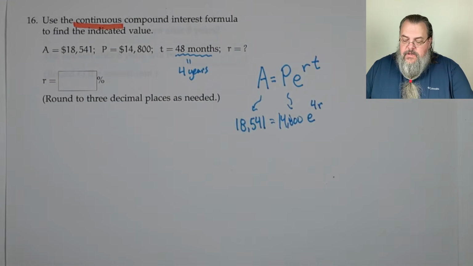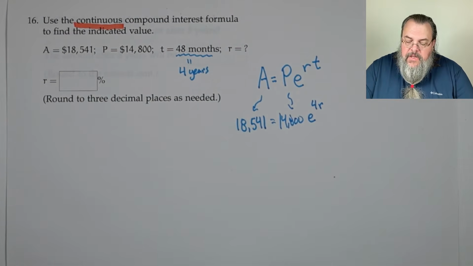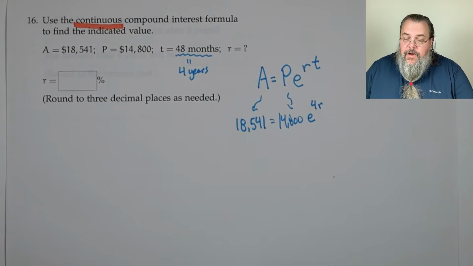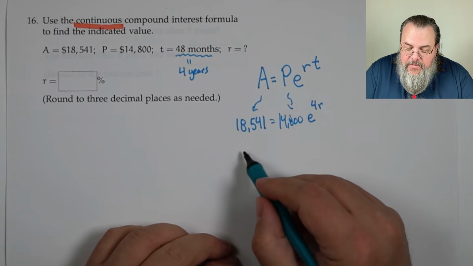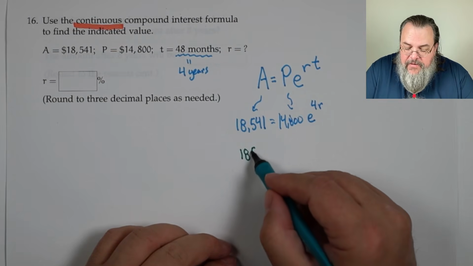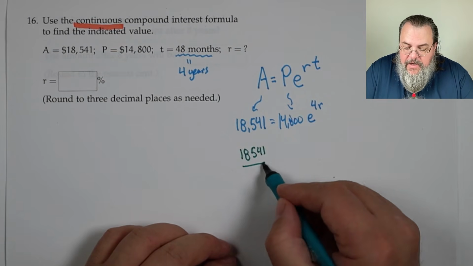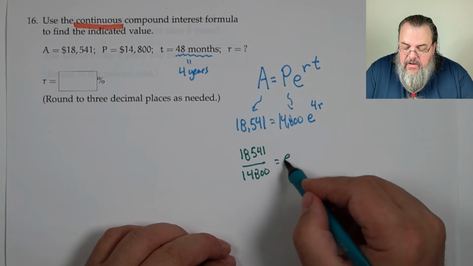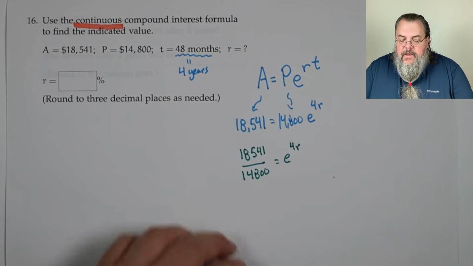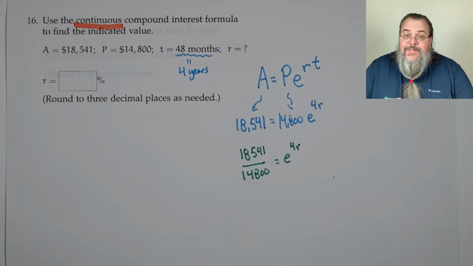Well, good. And now we start cleaning up. So we'll do some division. 18,541 divided by 14,800 is e to the 4R. Now, here's the thing.